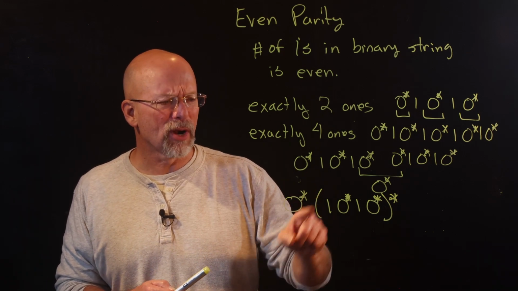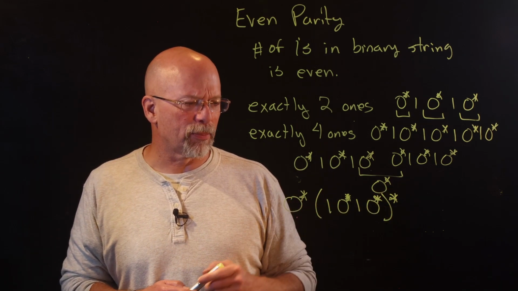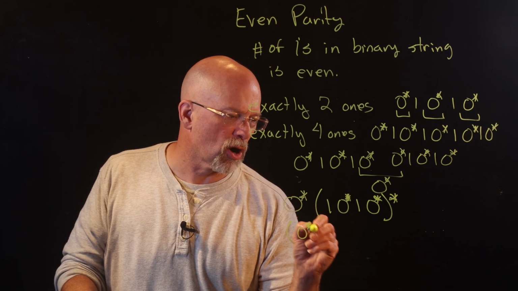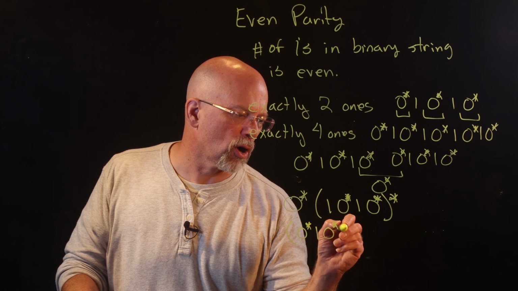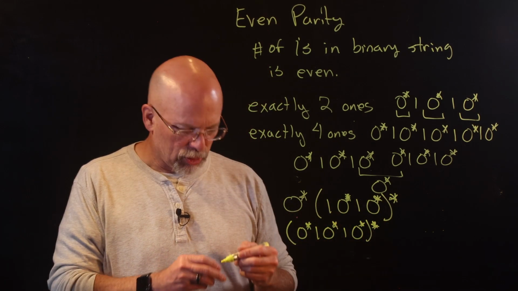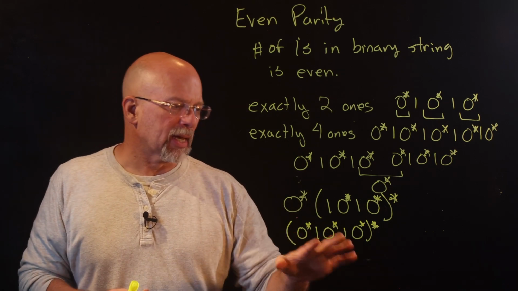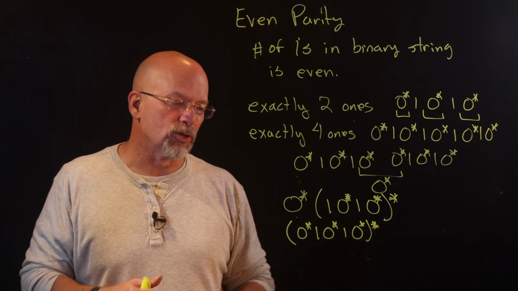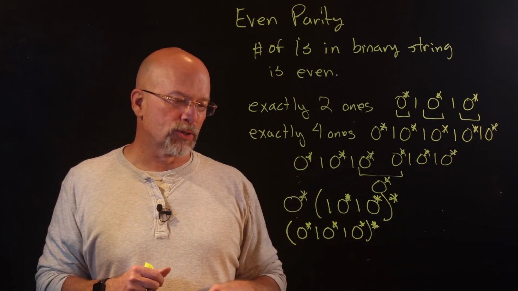Now I took this 0 star outside of the parentheses. We could have done something like 0 star 1 0 star 1 0 star and put a star here. There's a problem with this though, because there's one case that this does not allow us to address, and that's the all zeros case.